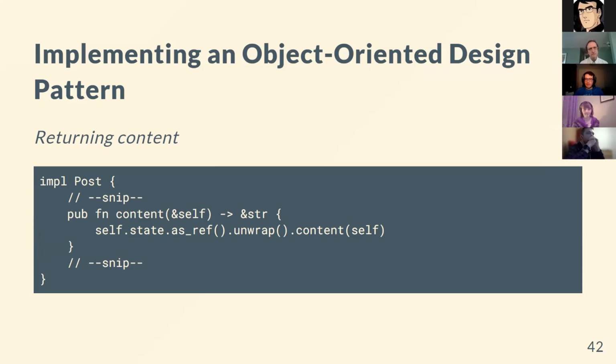It's going to take in the post object as an argument, which you can see where we passed in self here. And we're going to get the content string from that. So state has this content method, pass in self. Internally, that queries... I'm just trying to find, is it the next slide?